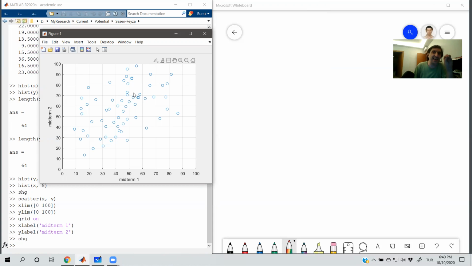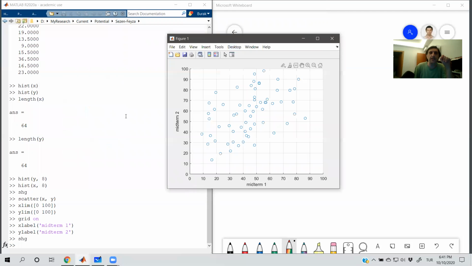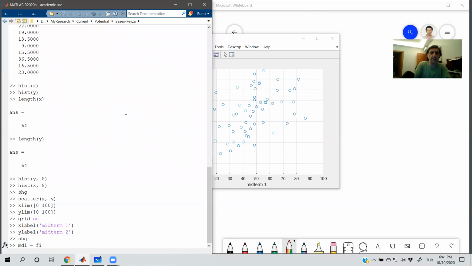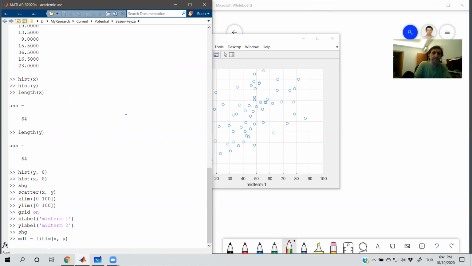But for the specific case, I'm going to assume that midterm 1 results are normally distributed for the whole population, and midterm 2 results are normally distributed, and they come from a common joint probability distribution. As you can see, this is an observational study. I can easily find the regression line between midterm 1 and midterm 2 here with just a very simple command, fitlm on MATLAB, xy.